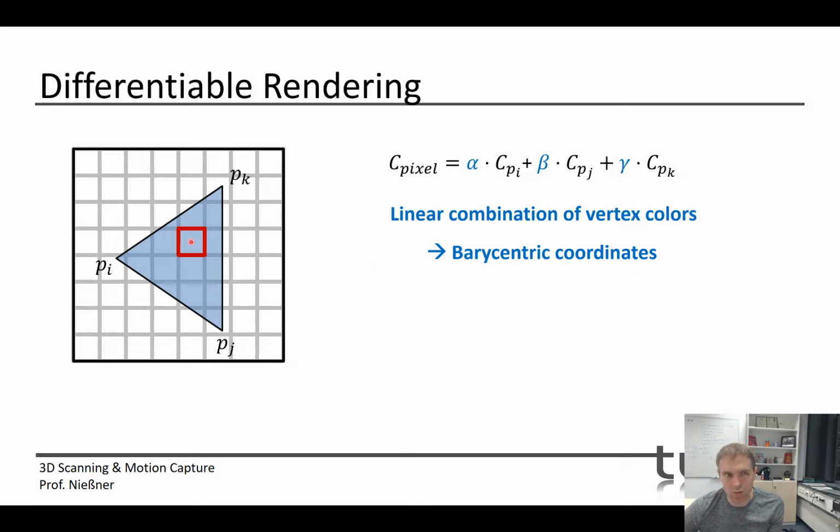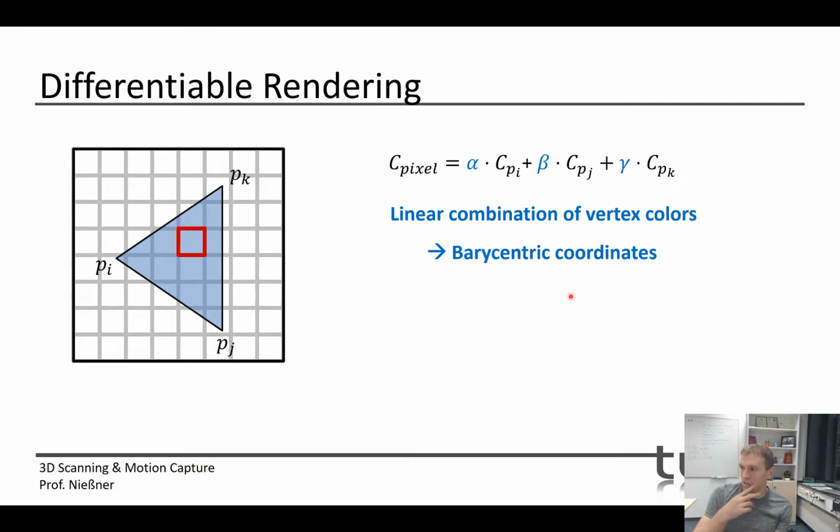So it knows where this pixel is relative to this triangle, and then it uses the barycentric coordinates to interpolate the attributes of these vertices, including the vertex colors. And this is what's happening here. These alpha, beta, gammas are nothing else but barycentric coordinates. They're given to you by the DirectX OpenGL pipeline, and based on those, you can interpolate these color values of these vertices in order to get the final color for this pixel.